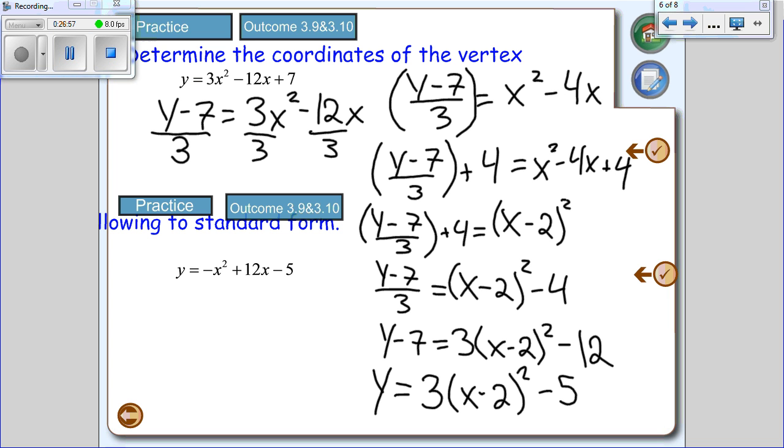Since we've got our factor, we now move everything back to the side we wanted. We subtracted 4 from both sides, multiplied both sides by 3, and then added 7 more to finish off. Where's our vertex? 2 comma negative 5. Awesome.